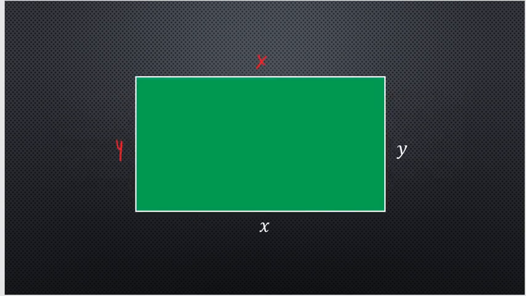So if I look at the north side of this rectangular plot of land, the north side is going to be X feet long. The cost of the fencing on the north side is $5 per foot. So what is the cost going to be for fencing for that entire north side?